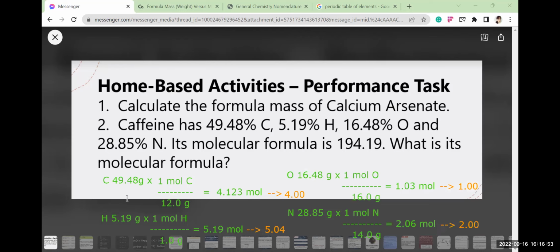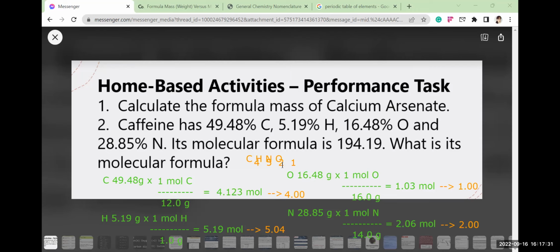So, ibig sabihin, meron kang 4 na carbon, 5 hydrogen, 1 oxygen, 2 nitrogen. So what will be the chemical formula? C4H5N2O1.